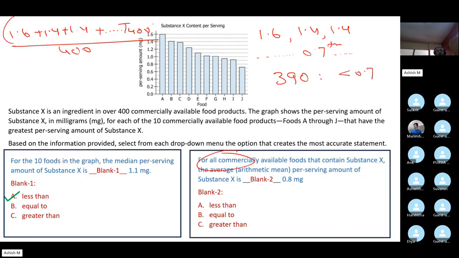Out of a total of 400 entries, 390 entries are lesser than 0.7. Guys, are you with me? Right? Out of 400 entries, 390 entries are lesser than 0.7. So clearly the average for all 400 would also be lesser than 0.8.